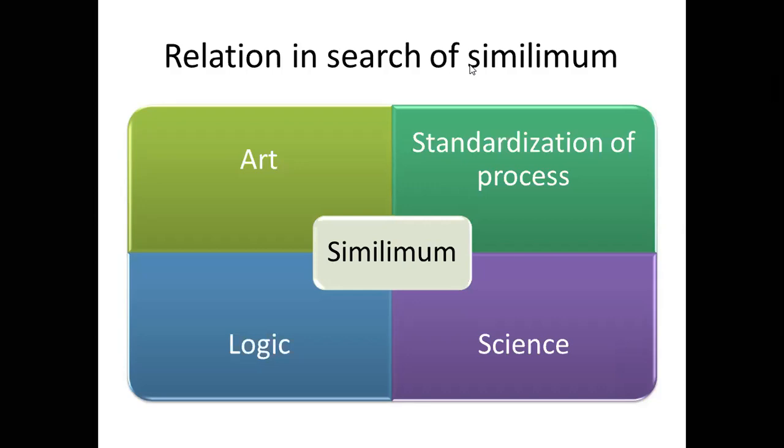Then, before the evolution of repertory, there was no standard process for searching the similimum. The various physicians, the various philosophers were following their own ways depending upon their own clinical experience.